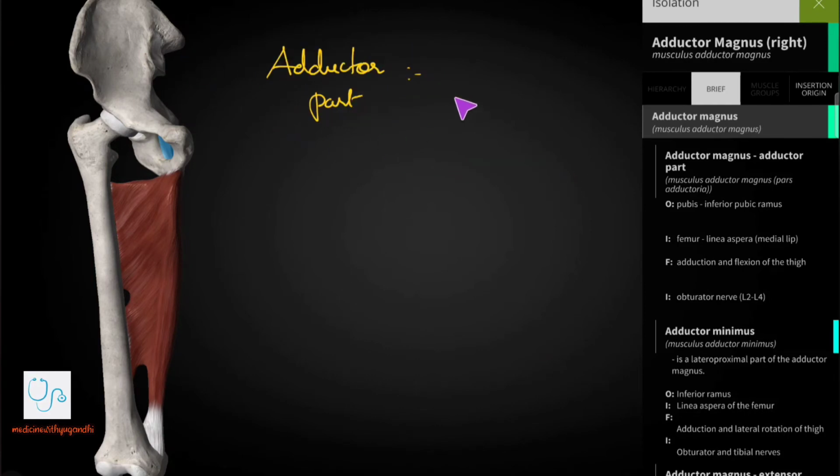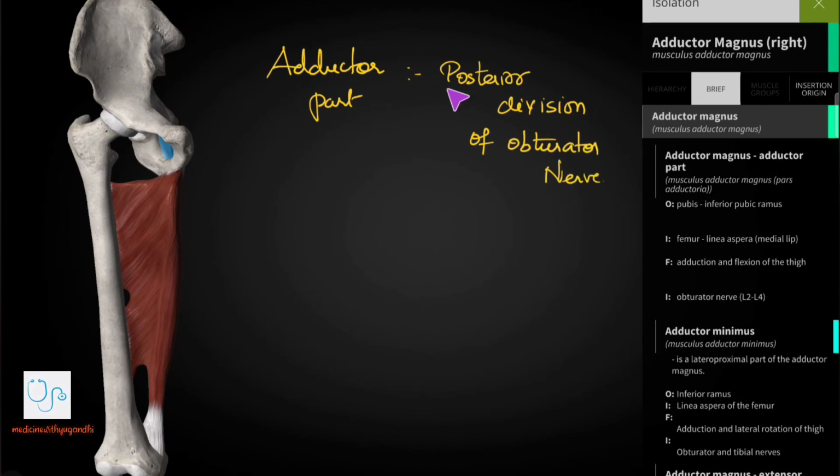Of course, the adductor part is supplied by the obturator nerve, but by the posterior division of the obturator nerve. Most of the muscles of the adductor compartment are supplied by the anterior division of the obturator nerve. But this adductor magnus is supplied by the posterior division of the obturator nerve.